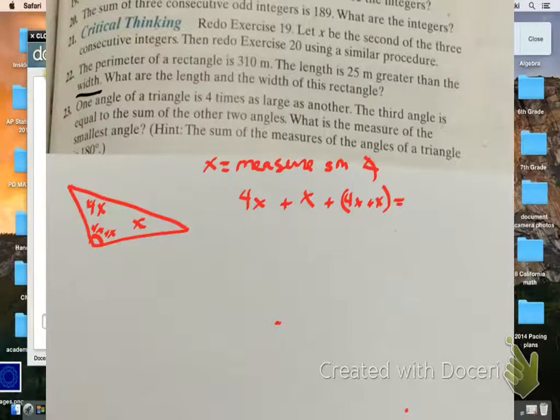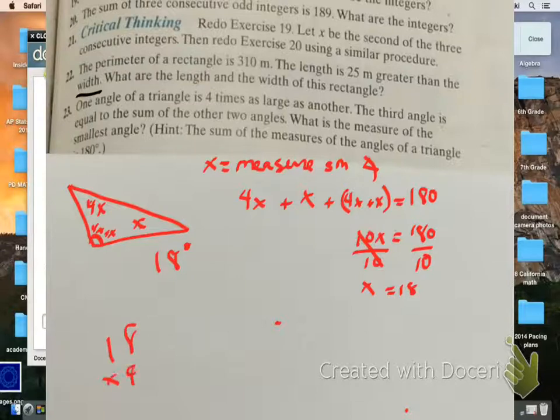The sum of the angles in a triangle is 180. So I get 10x equals 180. Divide by 10. x equals 18, which means that this angle is 18 degrees.